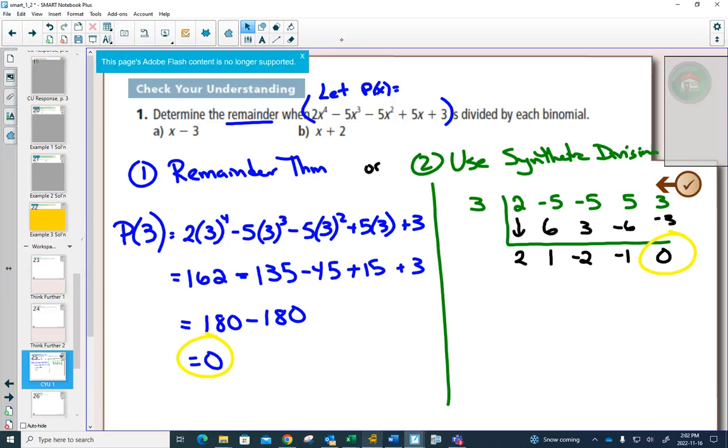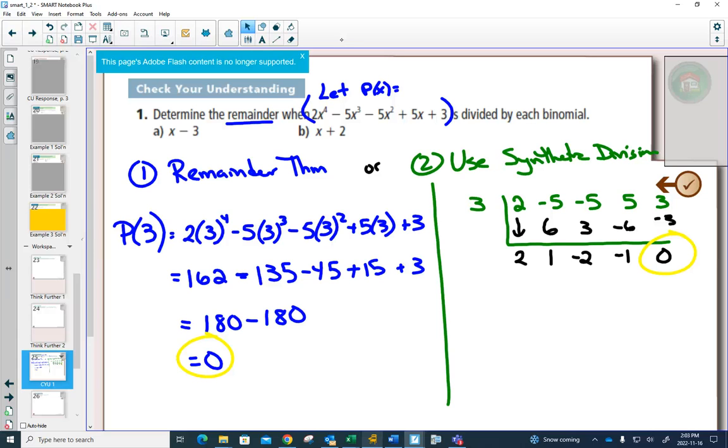So I did some mental math tricks to make it easier, but definitely the adding was better in synthetic division. Is synthetic division always better? No. Is it most of the time? I would say yes.